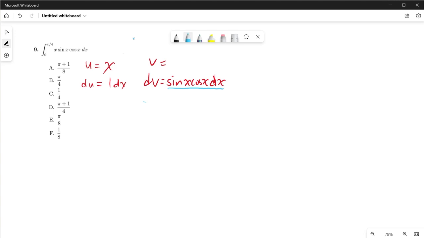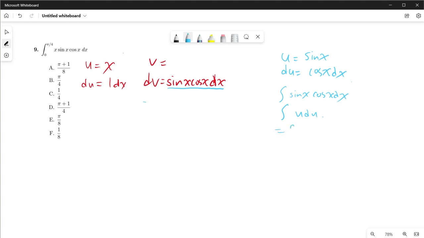So let u equal sine x, then du will equal cosine x dx. To get that v, I would take the integral of sine x cosine x dx, and then u-sub it, I have u du.